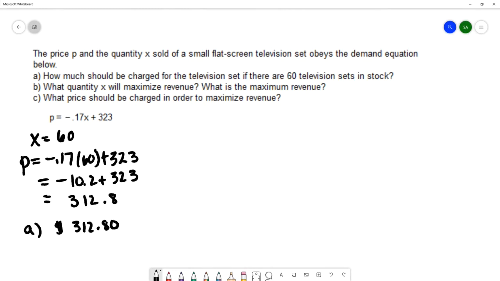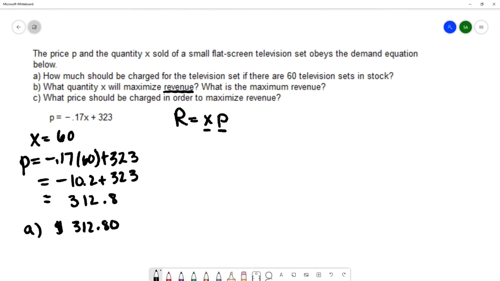In part B, it's referring to revenue. They have a formula for revenue. The formula for revenue is X times P. Number of items sold times the price you sell it at will give you the revenue, the amount of money that you're bringing in.